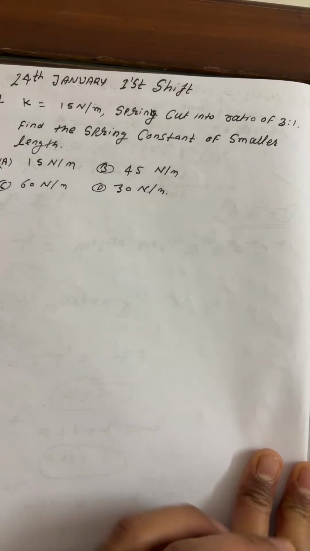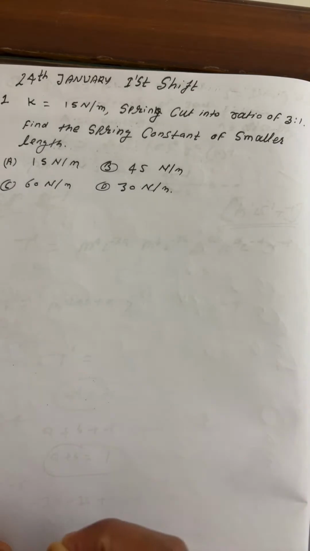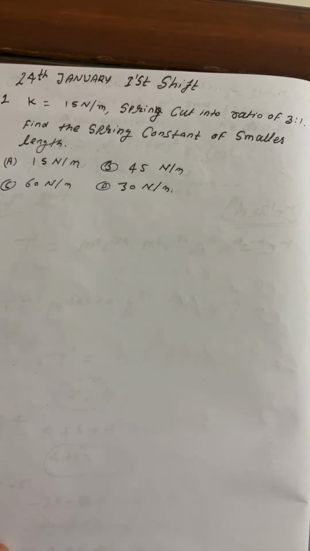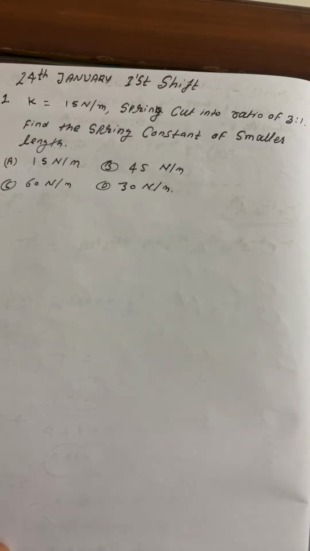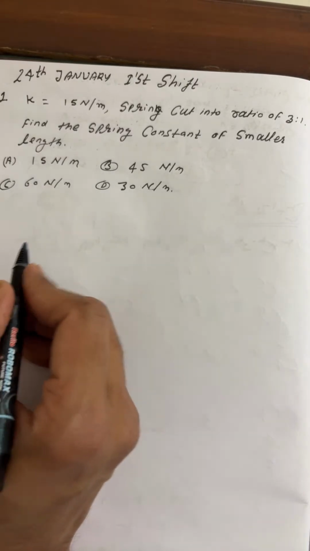Find the spring constant of the smaller length. Here we wish to find the spring constant of the small spring after cutting. This is a very common question and pretty easy. It's a class concept.